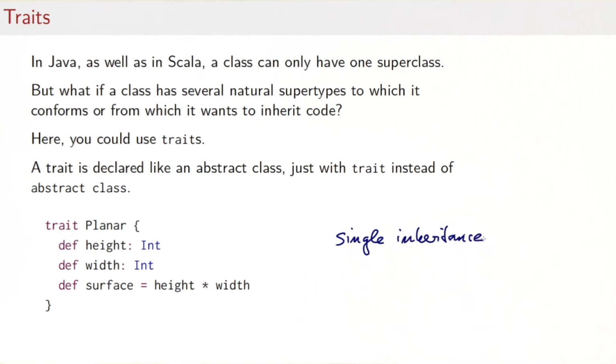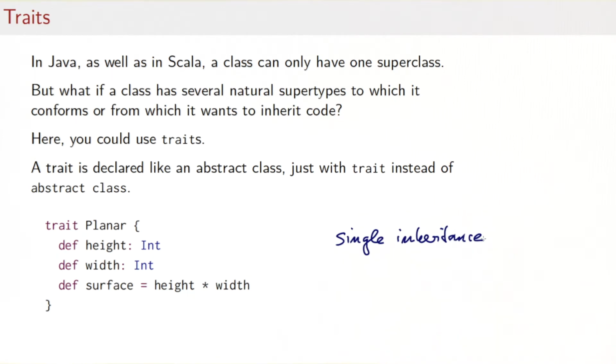And that's actually very constraining because quite often a type would have naturally several supertypes, or you would want to inherit behavior from several super entities that all contribute to the final code of the class.